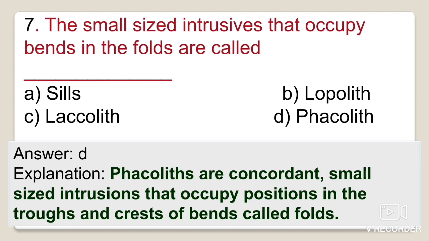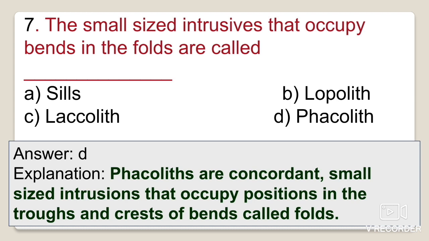Okay, and phacolith as well as laccolith, these two are the major host rock bodies for the oil, for the petroleum reserve. So most of the oil is occupied in these saucer shaped or folded regions.